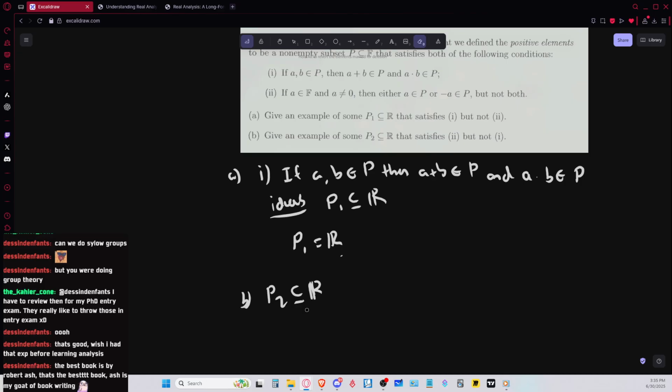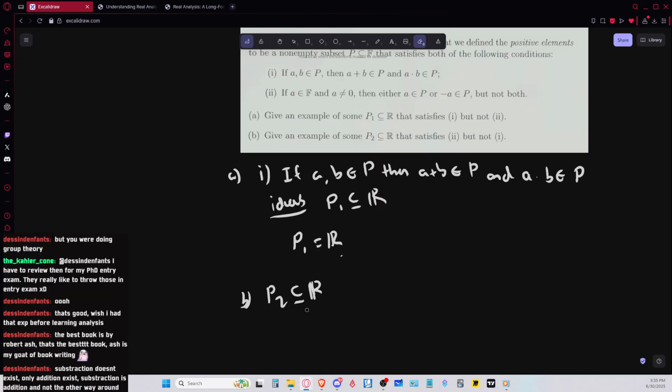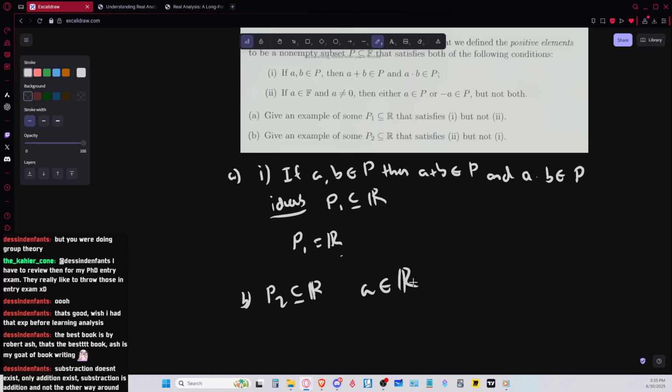All right. Okay, let's see. So we know that A is going to be an element of the real numbers and take on their properties, and A is not equal to 0. And A cannot be both positive and negative, not both.